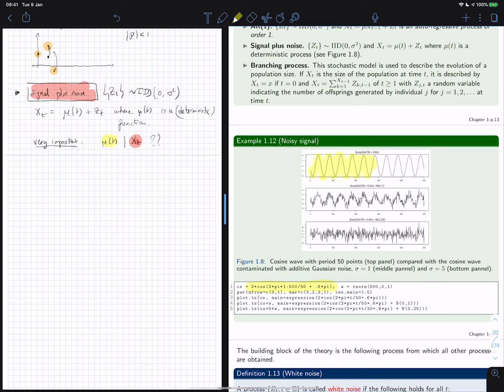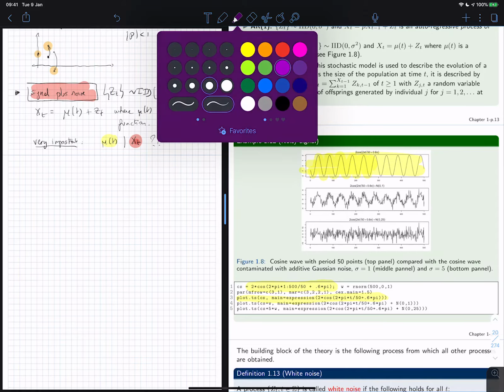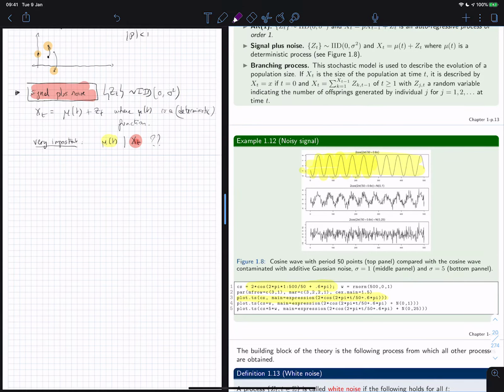And then to this I added some noise, a normal noise, with variance 1.